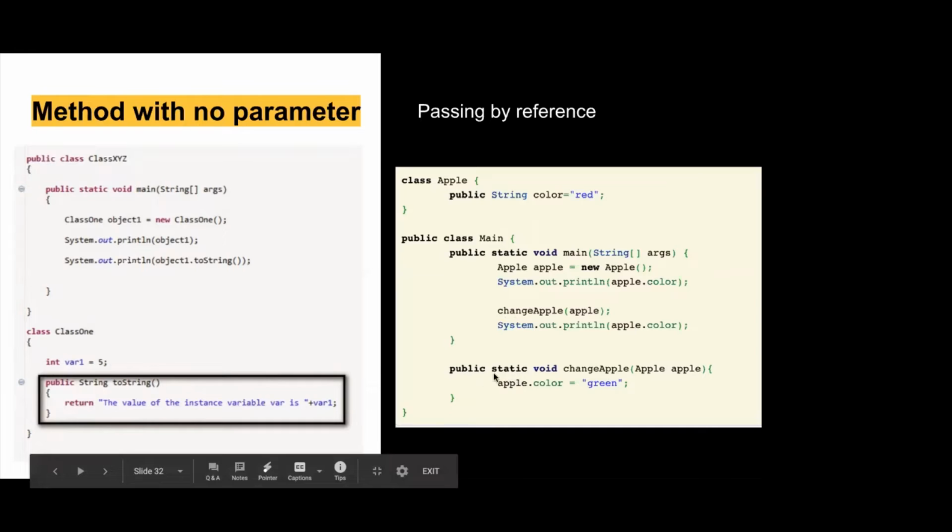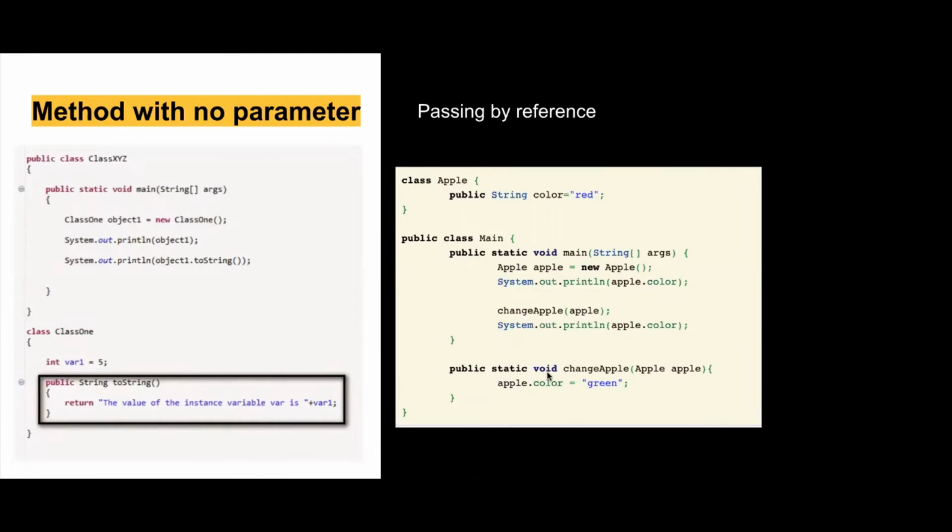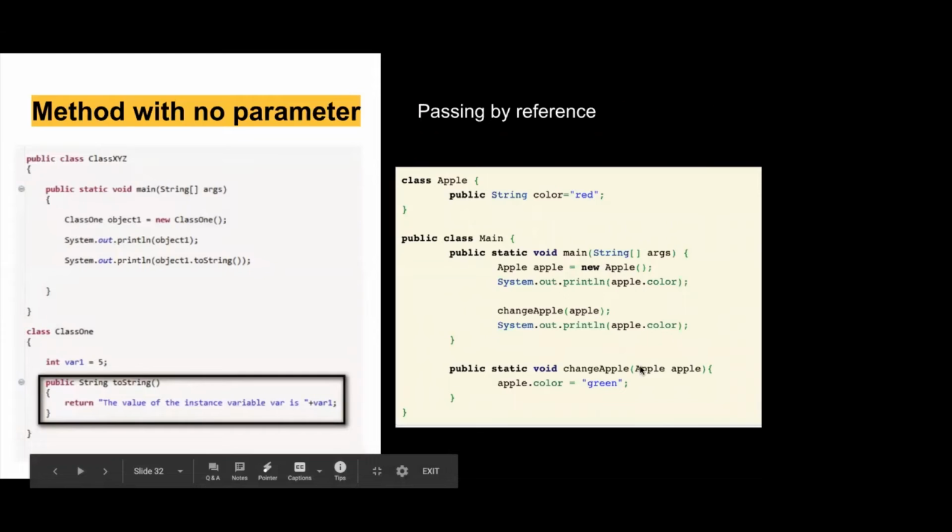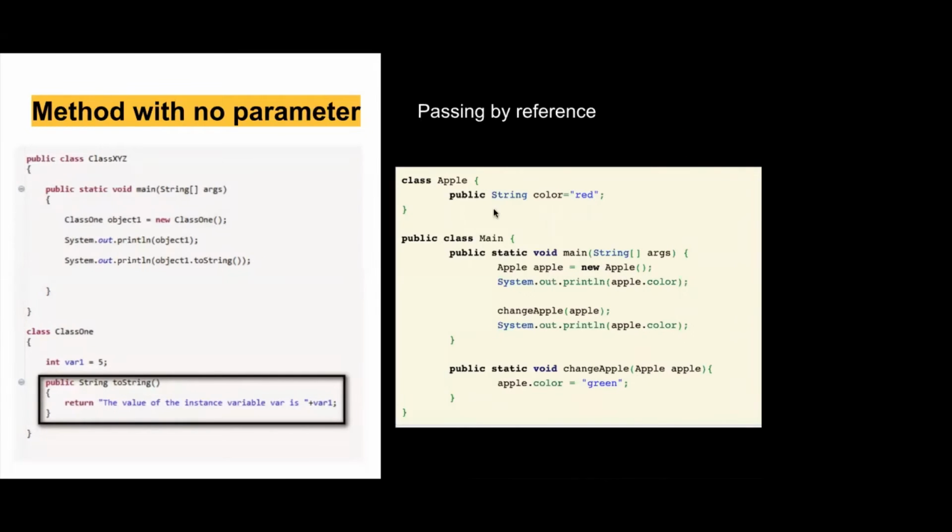We got two modifiers, and the return type is void. So this is an example of returning nothing. We simply use this method to do something, but it returns nothing. So we just put void here. And the name is just changeApple. And Apple Apple. So the first Apple is the name of the class.